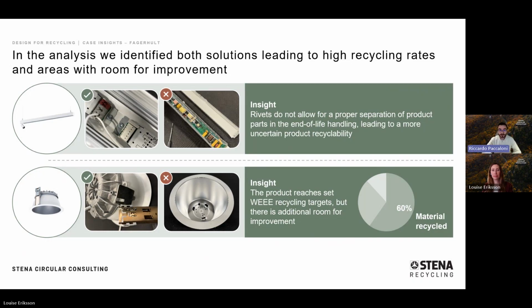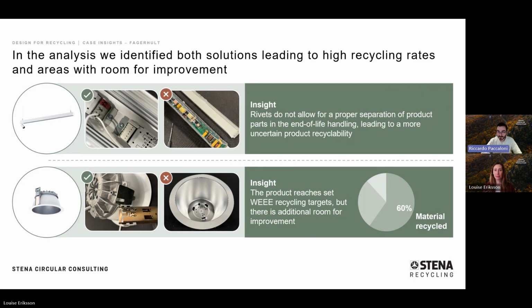So joining methods always make a difference. Rivets, especially if you are connecting 2 materials with a rivet of another material, are a less good way of joining components, as it reduces the recyclability of one or the other material.